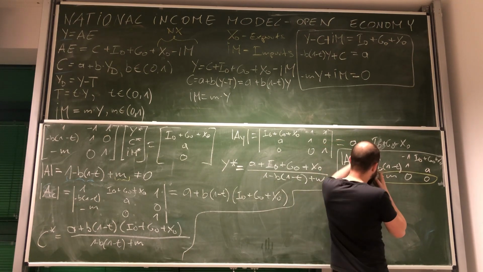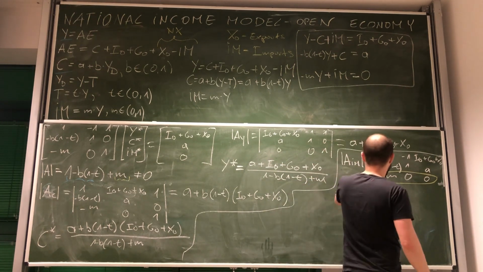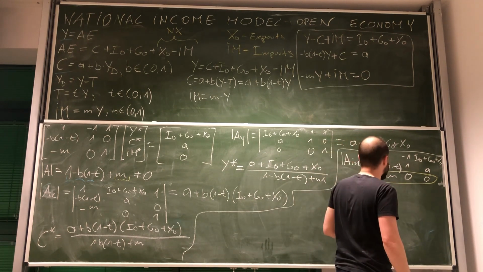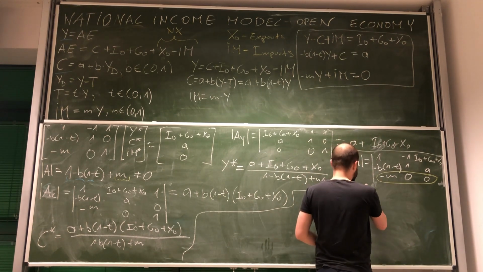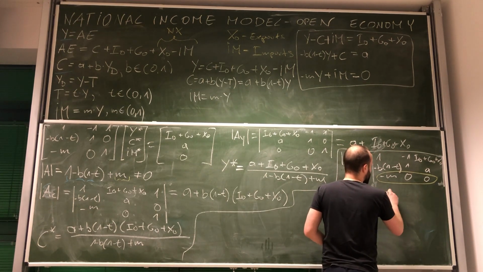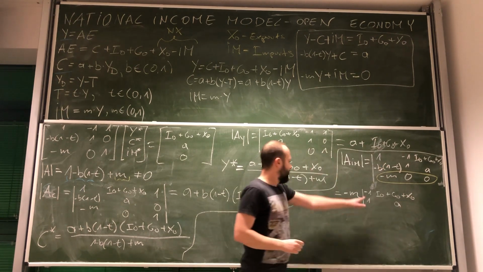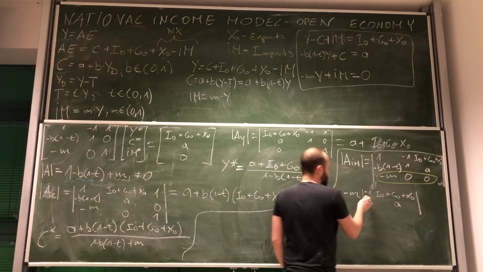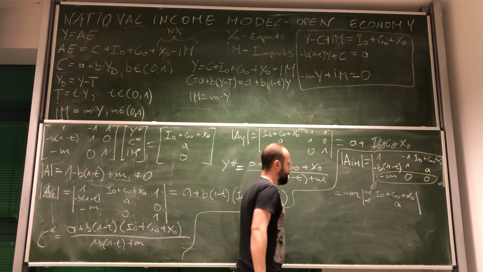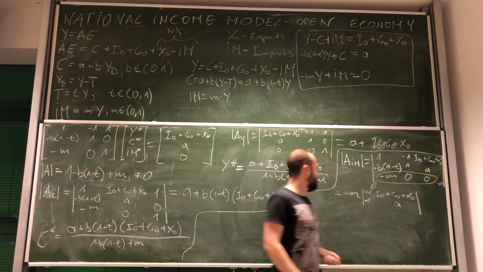This is negative M, but I got negative M times the element in the third row, first column, so it stays negative, and we've got negative 1, 1, I0 plus G0 plus X0, and look, if I'm going to take minus out of the first row, first column, what am I getting out of it?